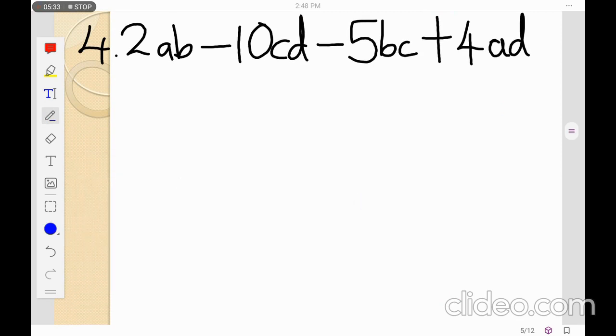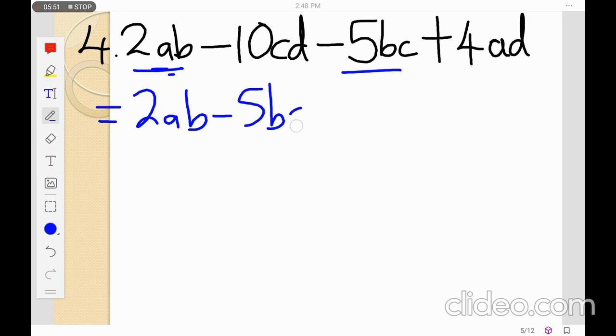Okay, this one, I've got A, B. So basically when I just look at this one, they are different. So I can take 2 here and this one. So I'll have 2AB minus 5BC. Okay, so I've started with an A there. I'll take this one with an A and have plus 4AD.